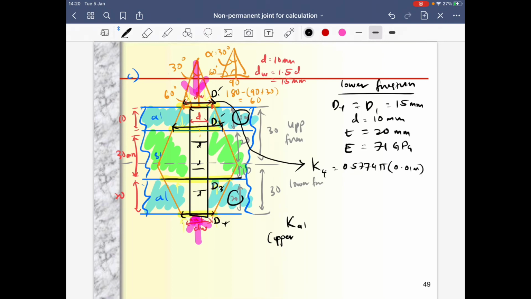And then the Young modulus, or elastic modulus, is 71 GPa, meaning 71 times 10 to the power of 9.